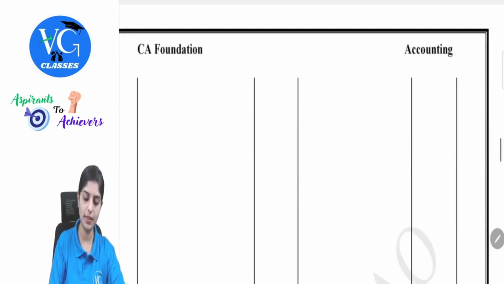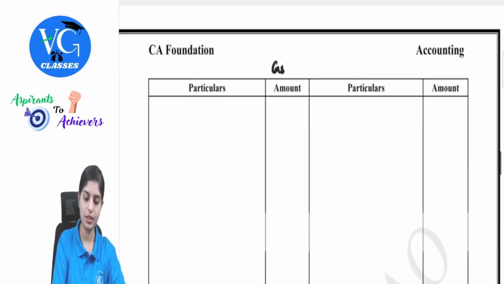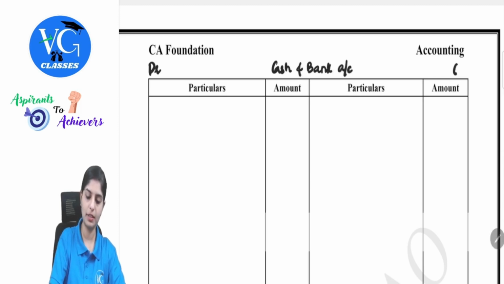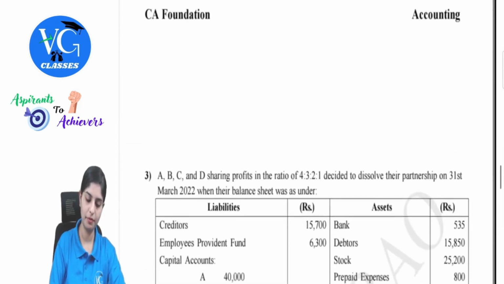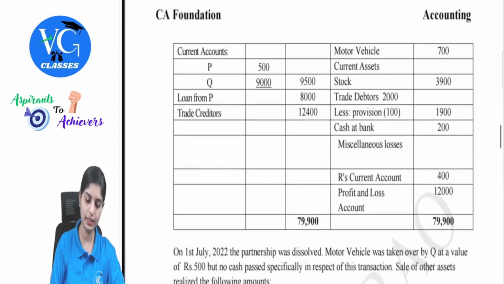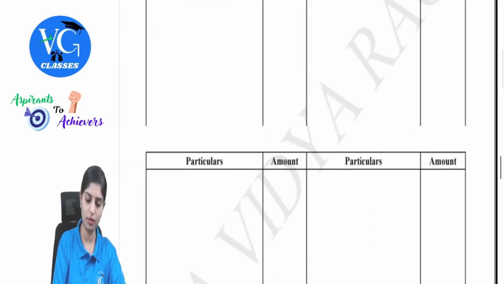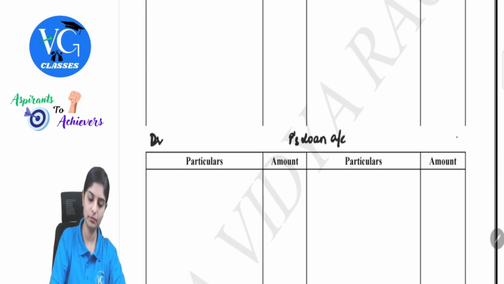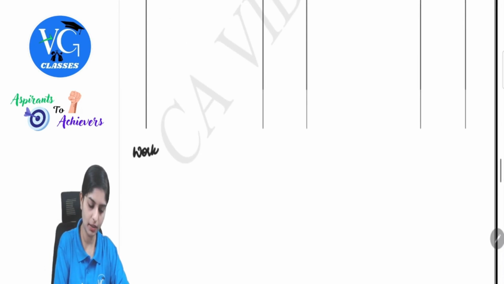Debit, credit, partners' capital, P, Q and R. Then there is cash and bank account, debit, credit. Then we have partners' current account. So here there is one loan. So fine. We will do it for P's loan account. Let's make the current account.